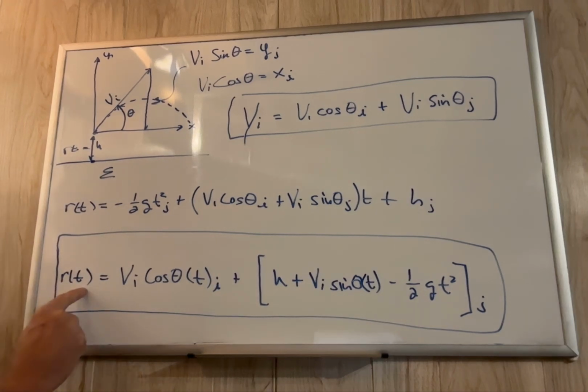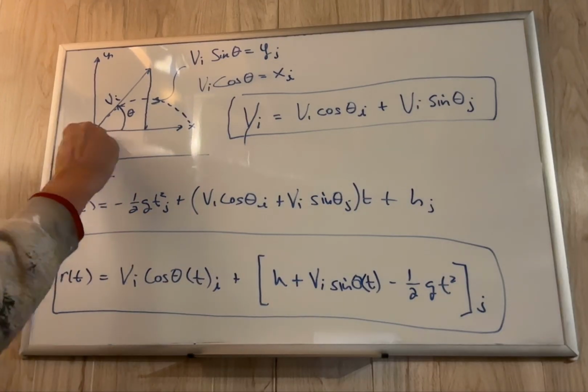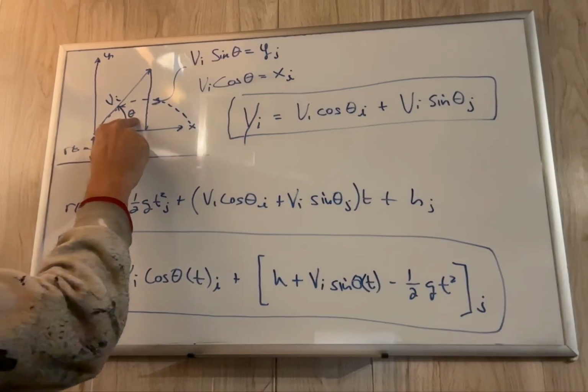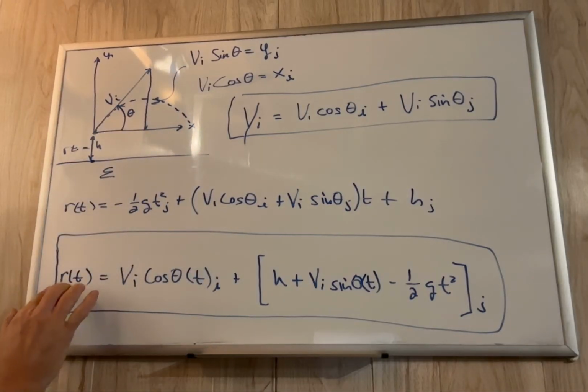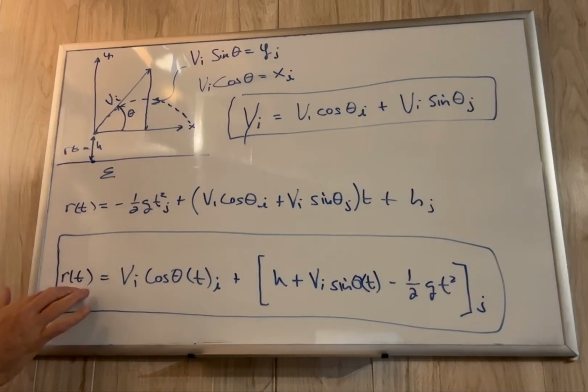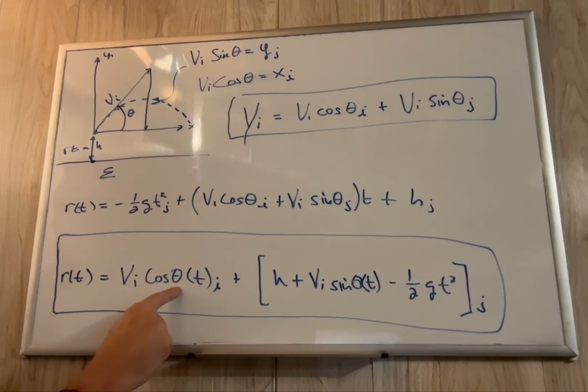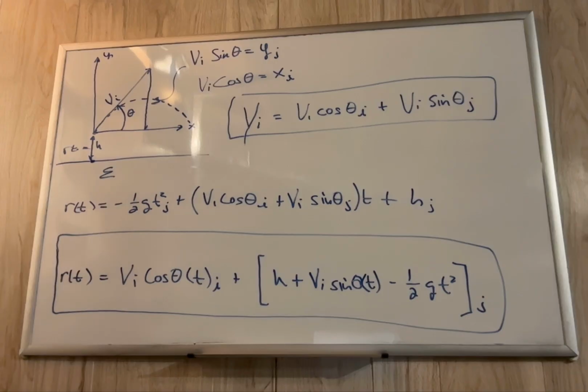No matter what situation you have, as long as you know velocity initial and your angle, you will be able to tell exactly where something is in time, space, and direction. In other words, if you throw a football, all you need to know is the angle it's thrown at and the velocity initial, and you'll know pretty much everything about where that football is going to go.